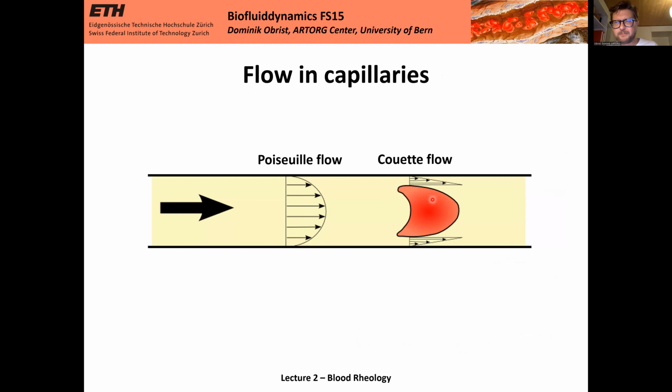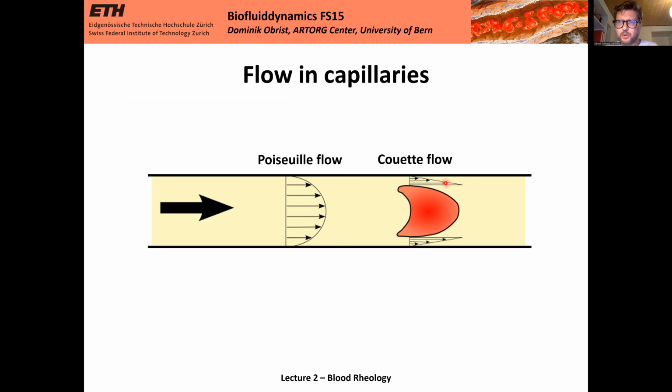Whenever we do have a red blood cell, to first order approximation, it is moving through the vessel like a rigid object. I know it's deforming, but just for simplicity, we think of it as a bullet-shaped or cylindrical object moving through the vessel. So we have zero velocity at the wall and non-zero velocity on the surface of the red blood cell.